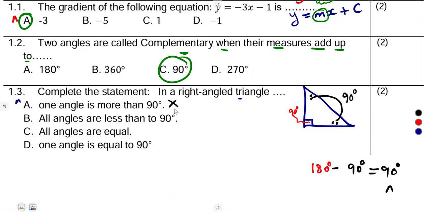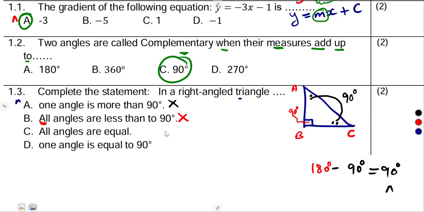So this is totally wrong. All angles are less than 90 degrees. All is the problem. These 2, they are less than 90 degrees, but this one is already 90 degrees, a right angle. So if it is A, B, C, B is already what? 90 degrees. So we cannot say all of them, they are less than.